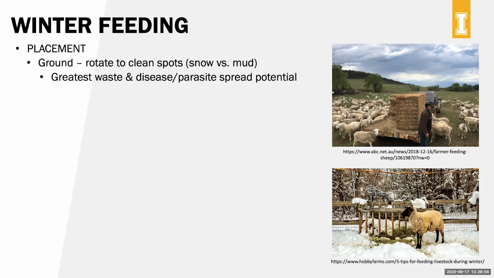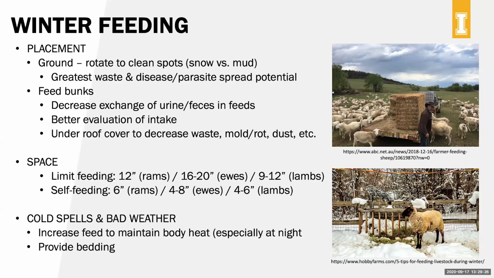So if you're ground feeding, the best option there is to limit feed them to whatever their nutrient requirements are going to be. You can also provide it in feed bunks, and that's going to decrease that exchange of possible disease and parasite in the feeds themselves, because they aren't going to have a chance to stand and lay in that feed.